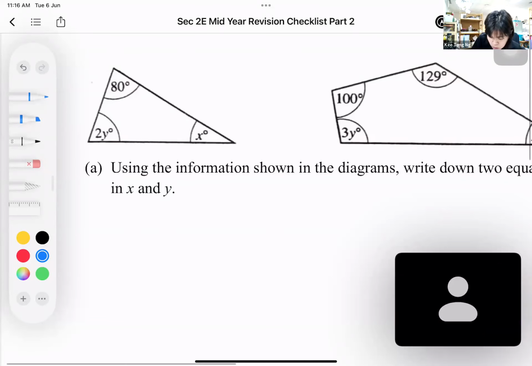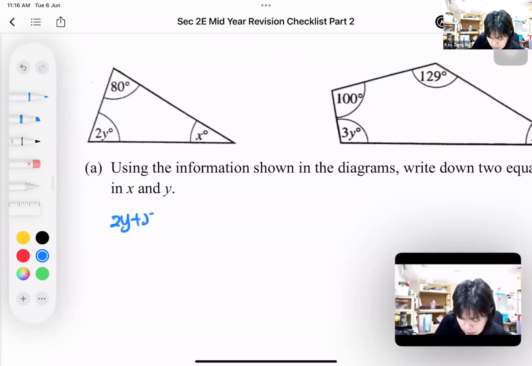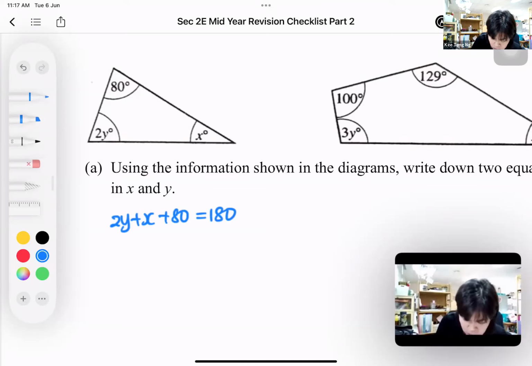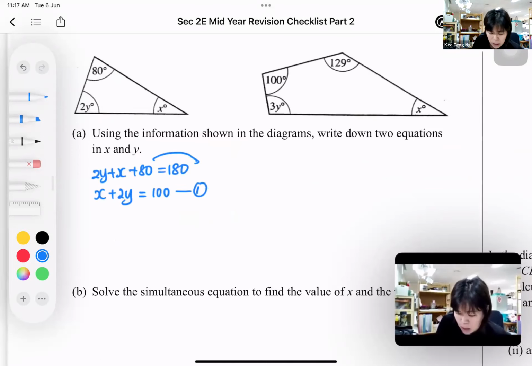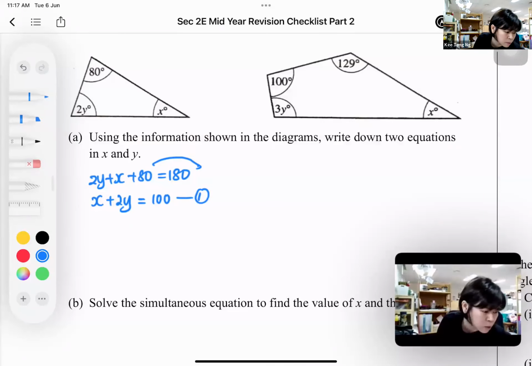Thank you very much. 2y plus x plus 80 gives you 180. From here, I simplify one equation. Personally, I prefer x in front. So x plus 2y, this one goes over there, becomes 100. Equation number 1.